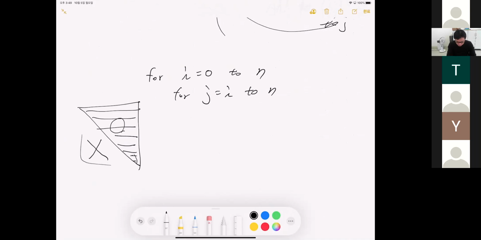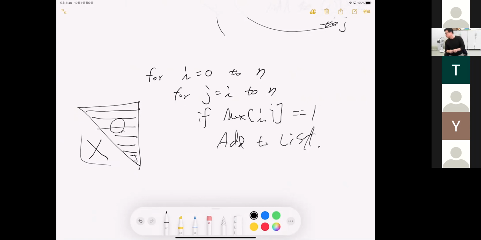Then do the same thing: if matrix of i, j is a value, then add to the list. Okay, do you see how I've done this?